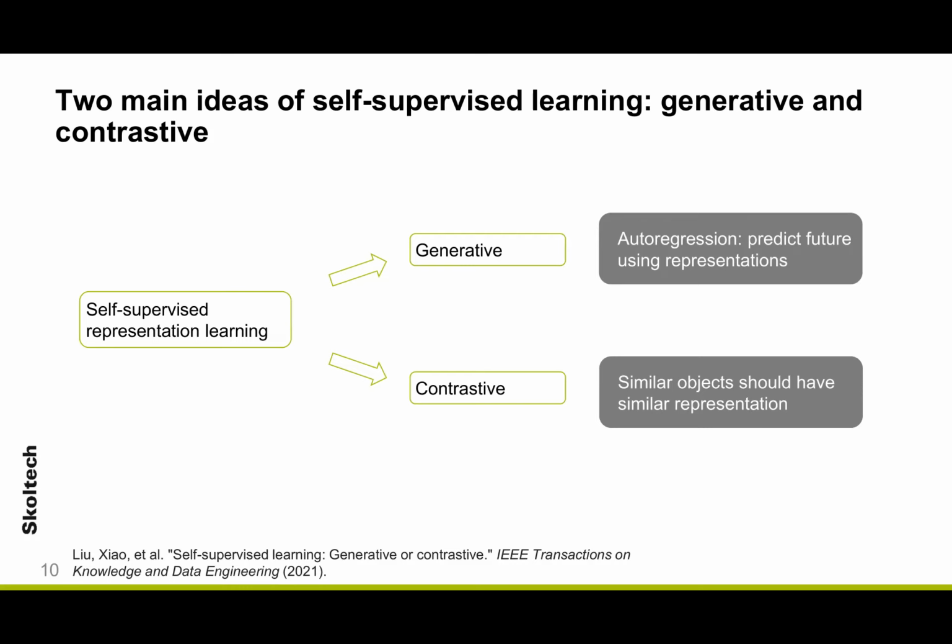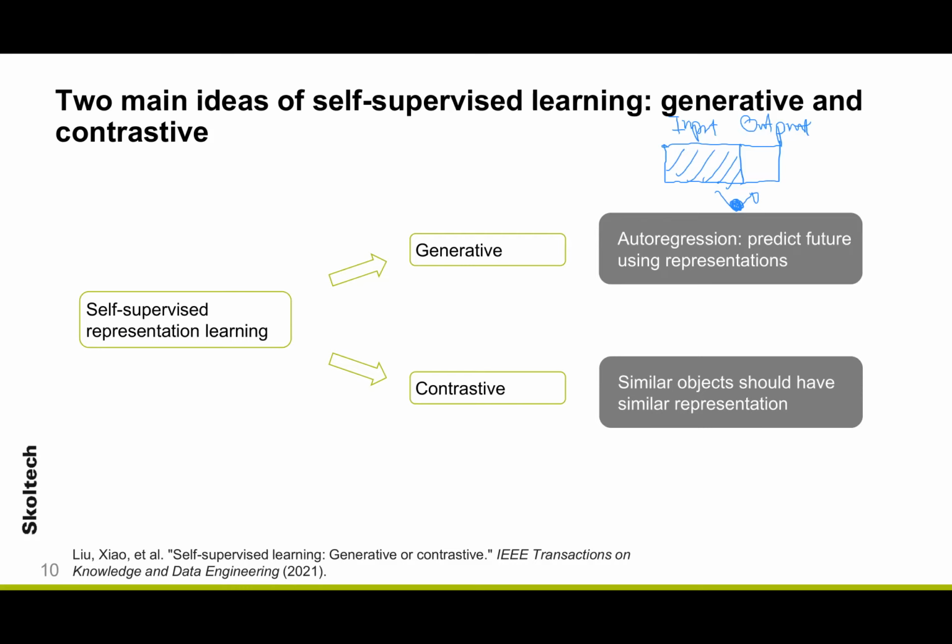We have some example, and we can say this part is an input and this part is an output, and we want to construct a model that predicts the output on the basis of the input. If we train a good model, and this model has some specific architecture, then we have some representations in the middle. And this representation is what we need for self-supervised representation learning.